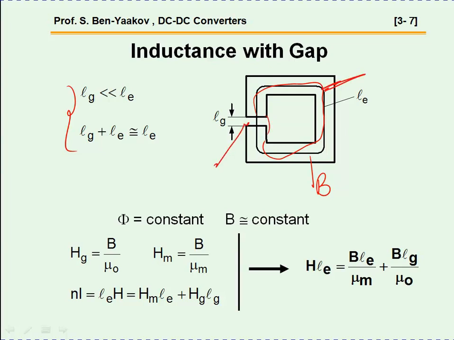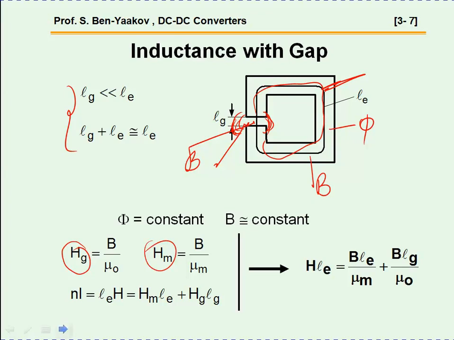I am sort of neglecting the fact that some of the lines of phi, the magnetic flux, are escaping here. To a first approximation, B here and B here are the same. These are the same lines of flux. So consequently, you can express the magnetic field in the gap and the magnetic field in the magnetic material as B over their respective permeability.